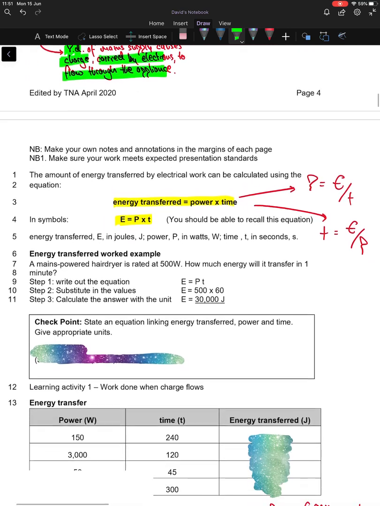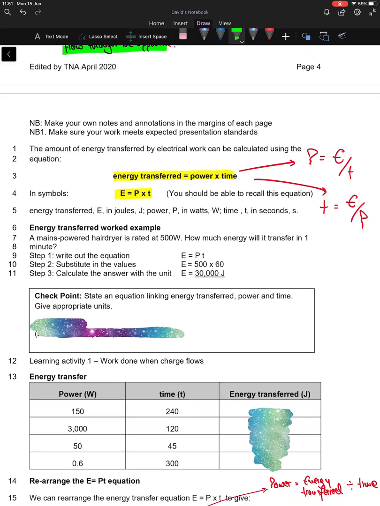Now, we have an equation that we have to be familiar with for calculating energy transfers in electrical everyday devices. And that is energy transferred equals power times time, or E equals P times T. Now, energy is in joules, power is in watts, and time is always in seconds.